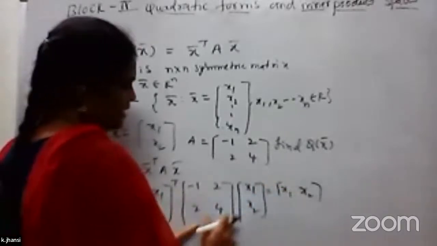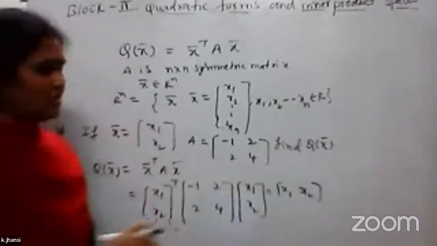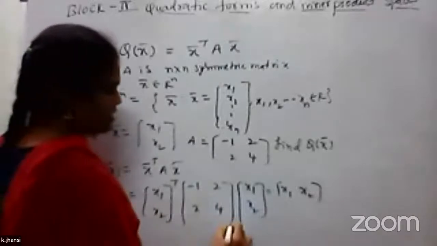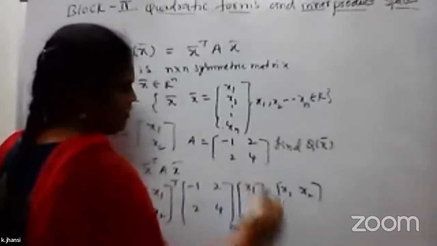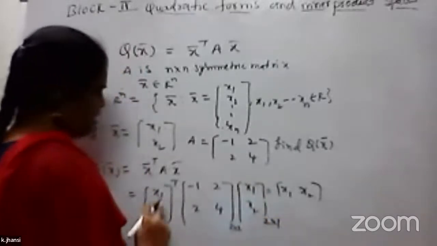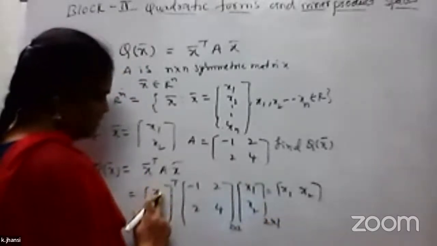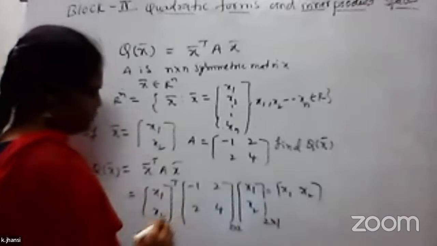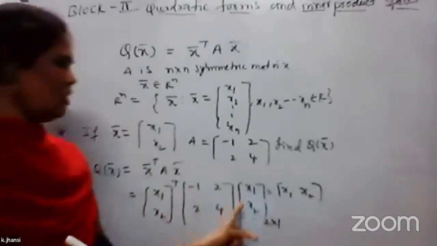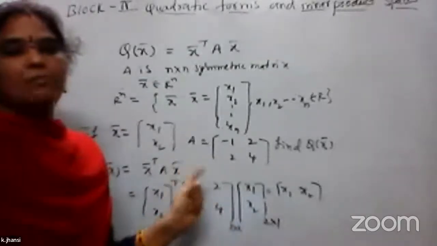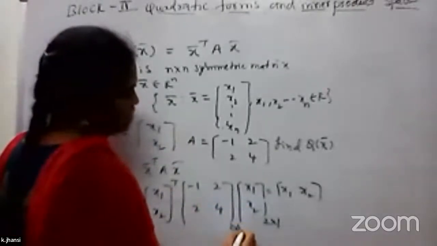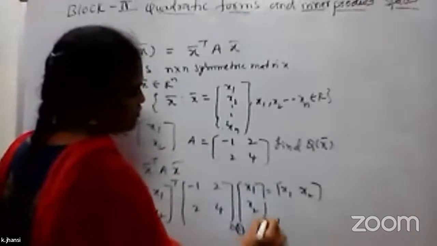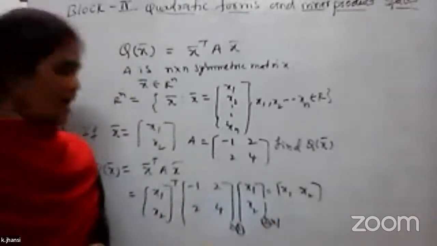Then whatever the matrix is there, you multiply with this one. Here this is a 2 by 2 matrix, and here 2 rows and only one column, that is 2 by 1. The condition for multiplication of two matrices is that the number of columns of the first equals the number of rows of the second. Here the number of columns is 2 and the number of rows is 2, so the condition is satisfied.